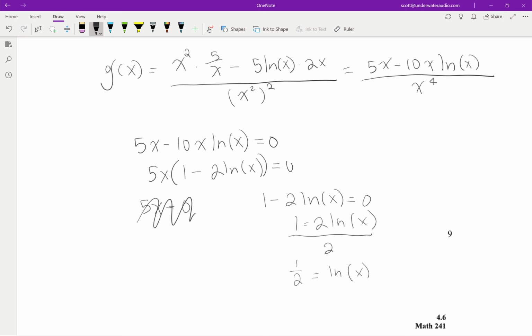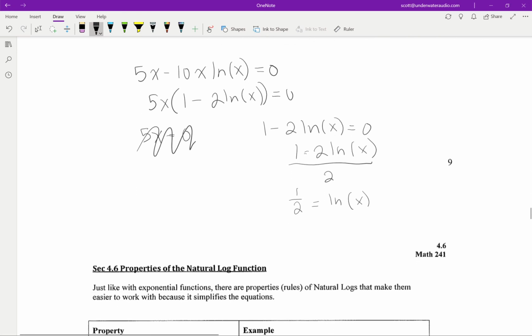I could raise both sides, like do e to the 1/2, and e to the natural log of x is just x. So now I just put e to the 1/2 in a calculator. All right, e to the 0.5 power is roughly 1.65.